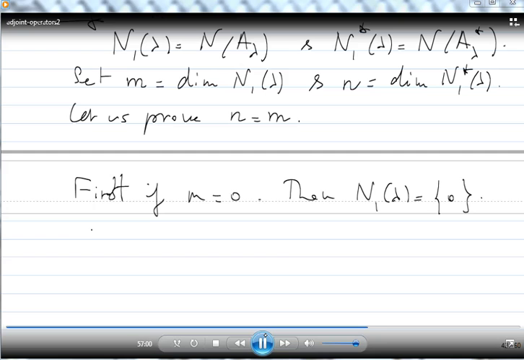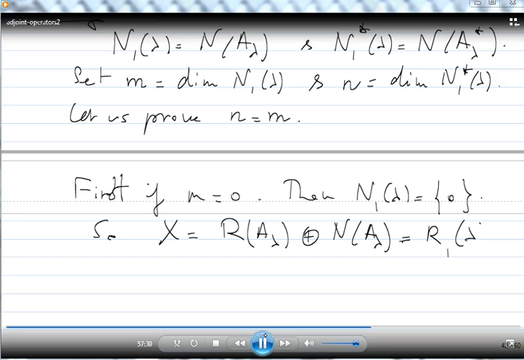Remember the s and the r associated to the spaces of A lambda to the n, it means that N0 and N1 are the same, and therefore X is going to be the direct sum of R of A lambda plus N of A lambda, which is R1 of lambda.